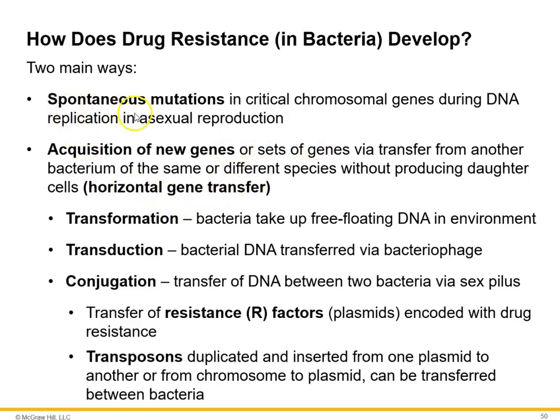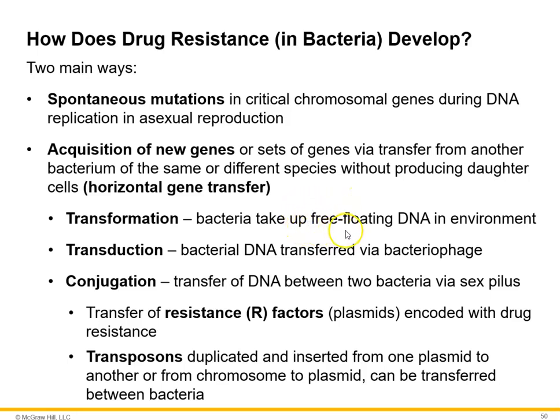So they can either develop spontaneous mutations, these are new mutations that occur from errors in reading DNA, or they can get new genes from outside of themselves, from other organisms. These are the methods through which that can occur. So let's say you have a bacterium moving around in its environment, and it comes across a piece of free-floating DNA.